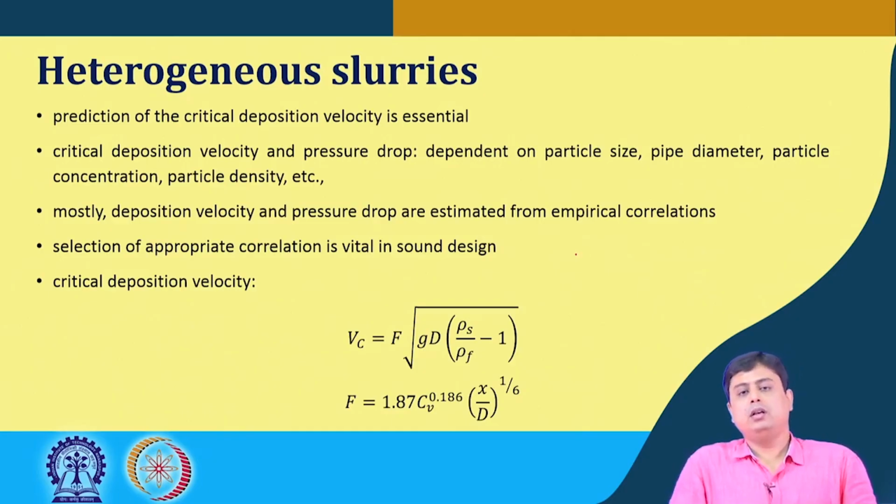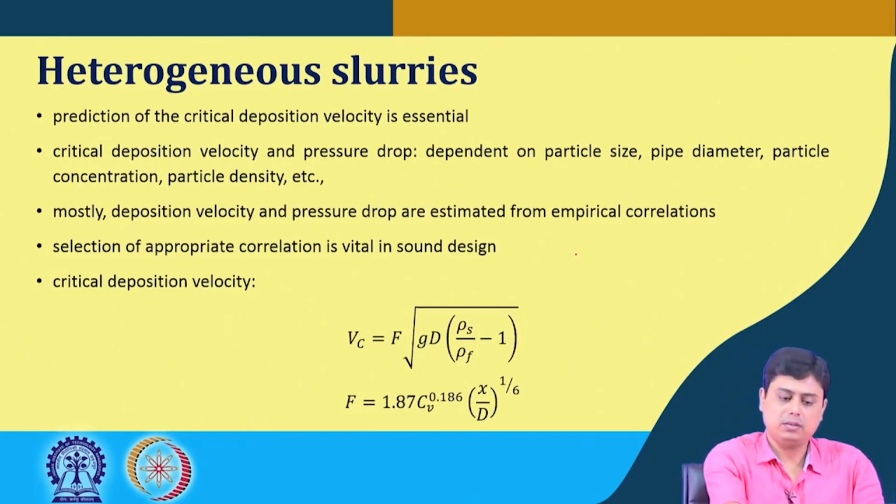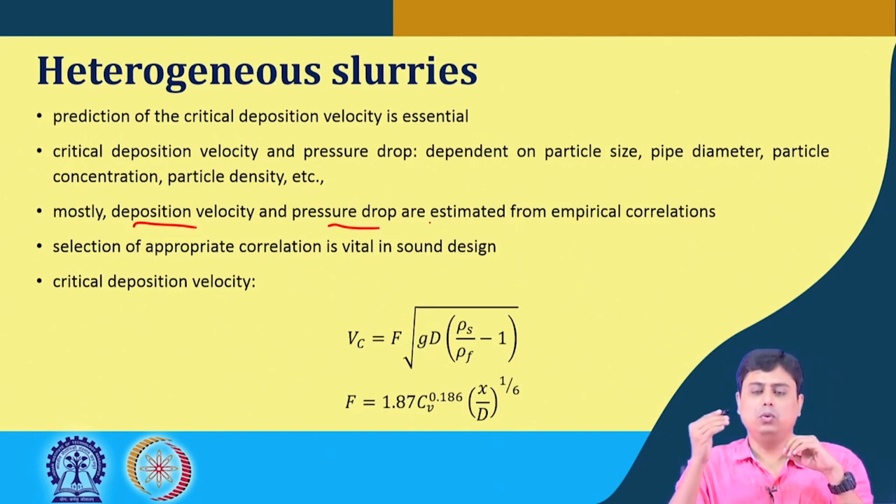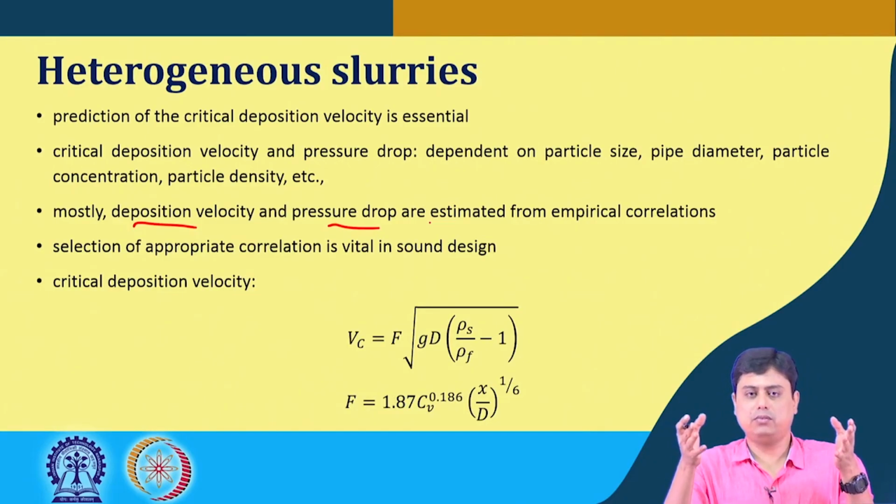Now, quite naturally, since these correlations are based on a certain set of data that has been done for a certain range of operating conditions, we have to select the appropriate correlation in order to find these parameters that suits your working condition, or it falls in that range. Otherwise, the calculation would be over predicting or under predicting. And in fact, in most of the cases, this range is not sufficient for the working condition.